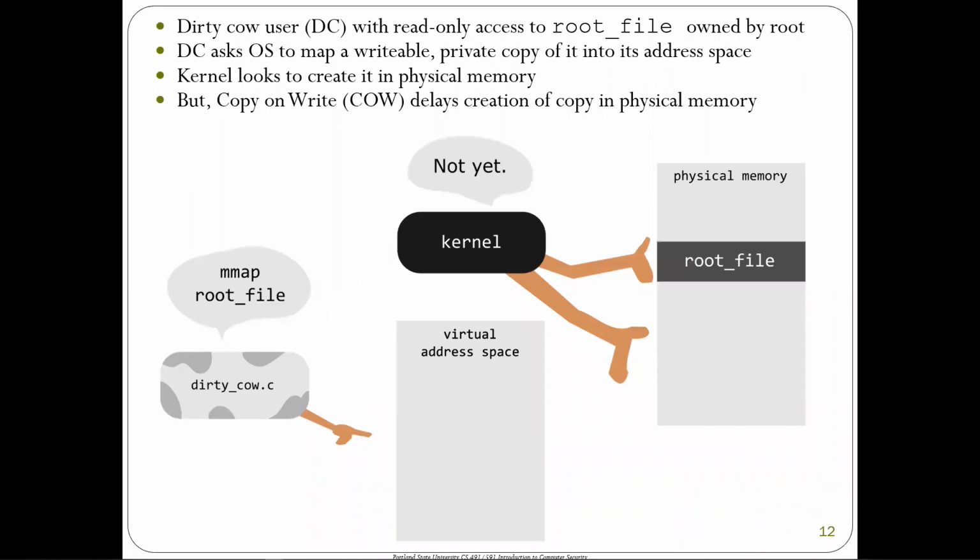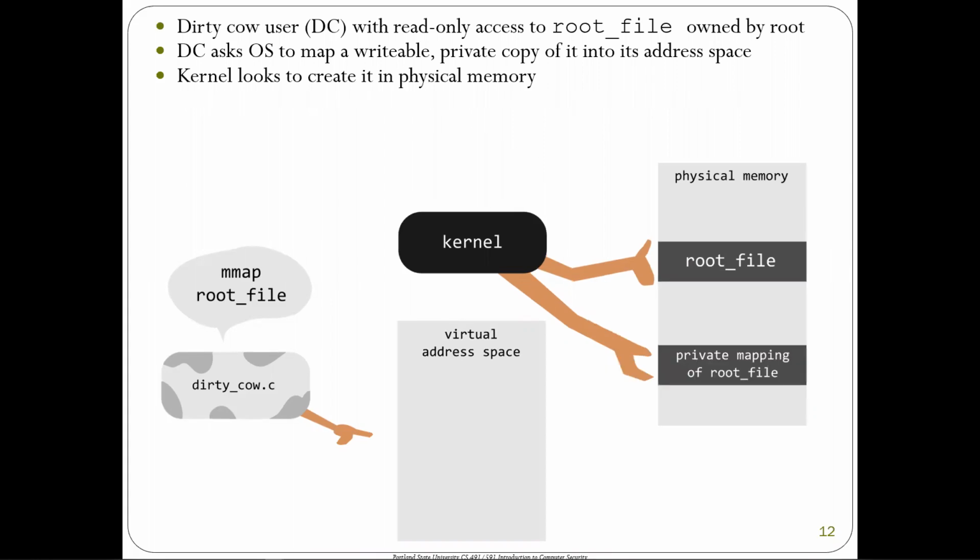And this is where the cow comes from. I'm like, you know what? I actually don't need to make a copy right now. Because right now, when you open up that thing, it's identical, right? The root file and the mapping, because you haven't edited it yet, they're the same. So I'm going to be lazy. I'm going to not do the copy until you write to it. And this is very typical in operating systems, right?